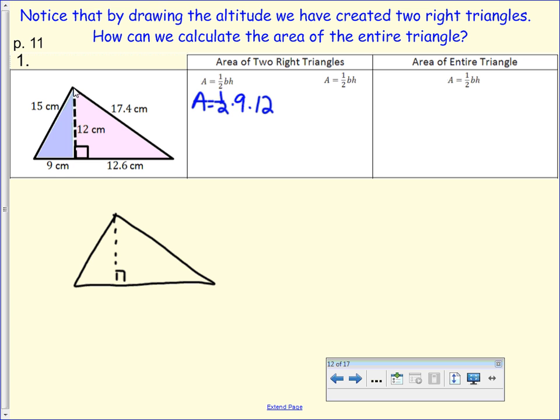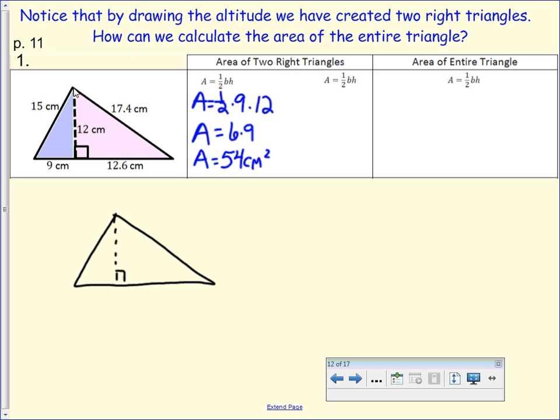Now, before we had talked about putting the half at the end, multiplication is commutative. I'm going to take advantage of my half to make one of those big numbers not so big. Because I can't do 9 times 12 in my head. So why don't I do half of 12 first? What's half of 12? 6. Bring down your times 9. What's 6 times 9? 54 centimeters squared.